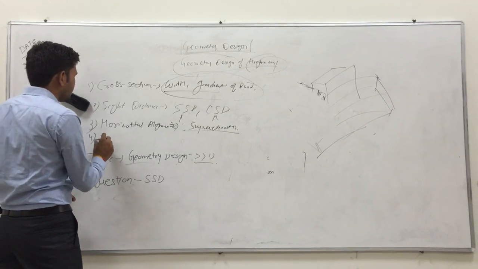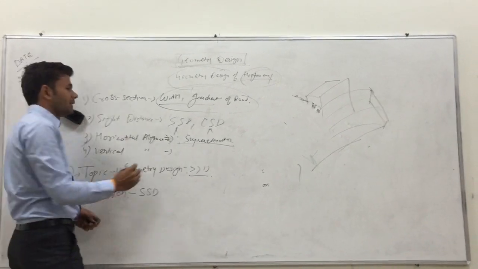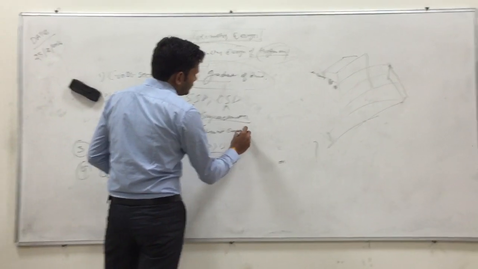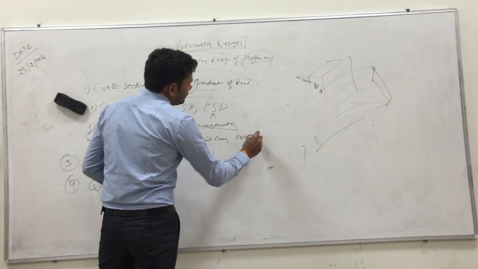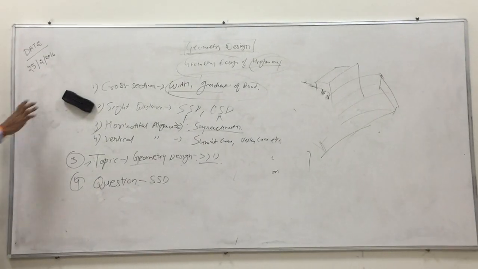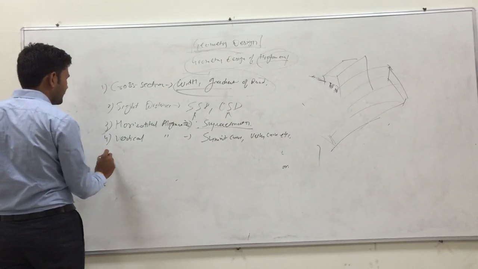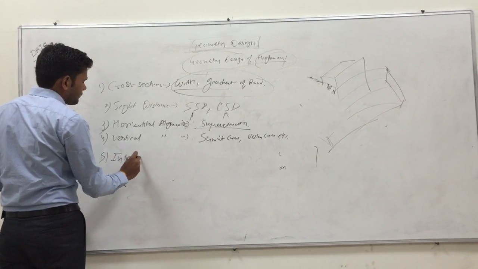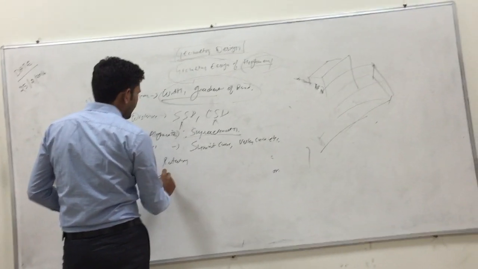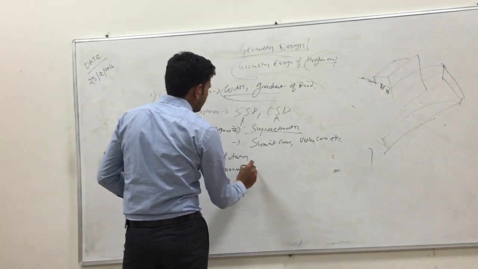Fourth is the vertical alignment, in which we provide the summit curve, valley curve, etc. And finally, the intersection, in which we design the rotary, channelization, etc.